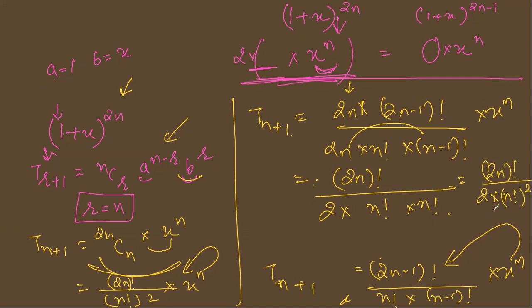Now if you see, what is the coefficient of the expansion of x raised to the power n? Now please put the final values in the question. So the coefficient of this you have is 2n factorial, n factorial.